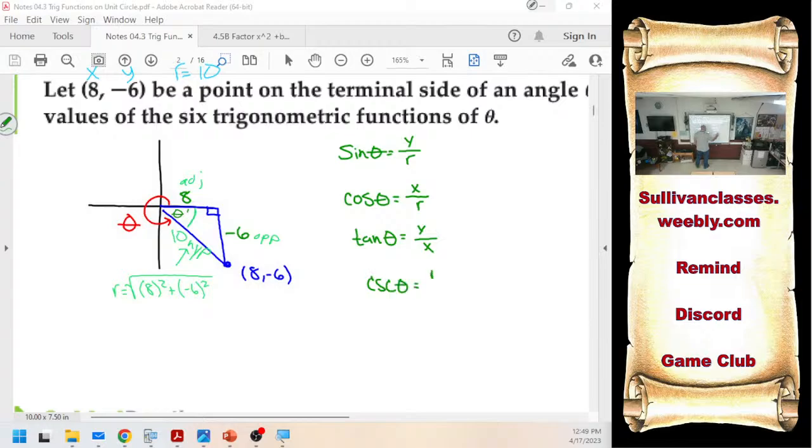Cosecant, the reciprocal, is hypotenuse over opposite. Secant is going to be hypotenuse over adjacent. Cotangent is going to be adjacent over opposite. Those are the XYR shortcuts on the front page.